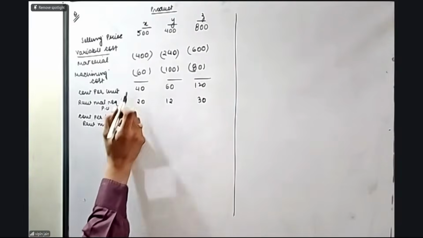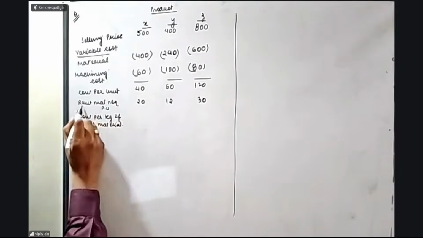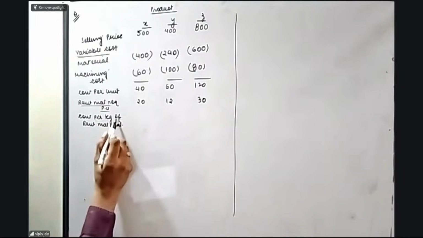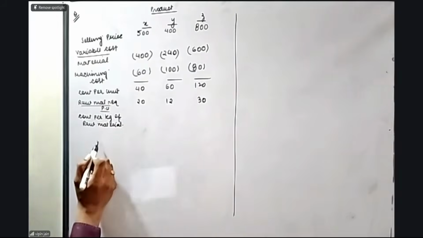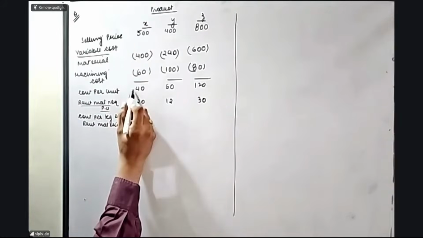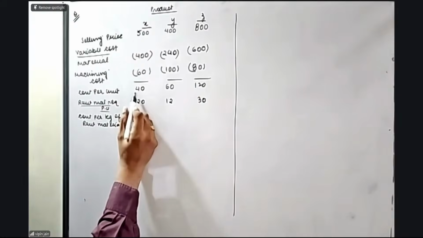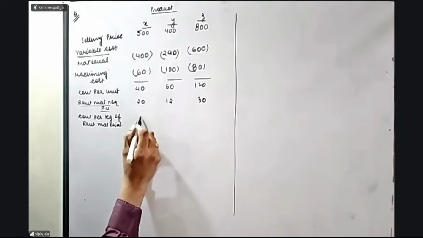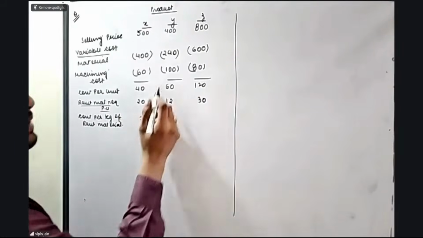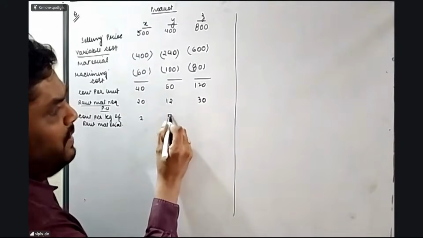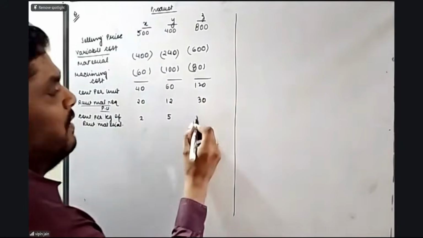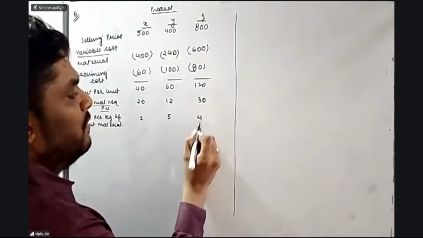We will first calculate. We have contribution per unit and raw material required per unit. We will calculate contribution per kg of raw material. So 40 divided by 20, it will be 2. 60 divided by 12, this will be 5. And this will be 4.